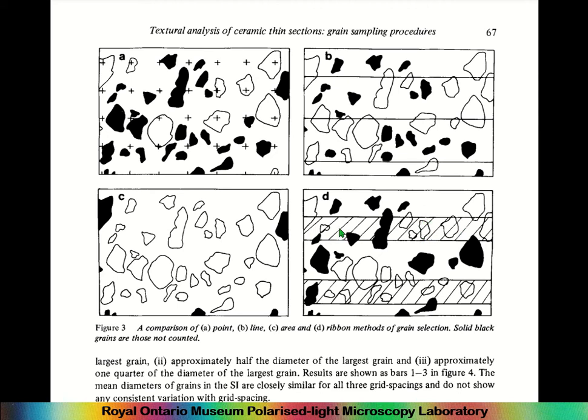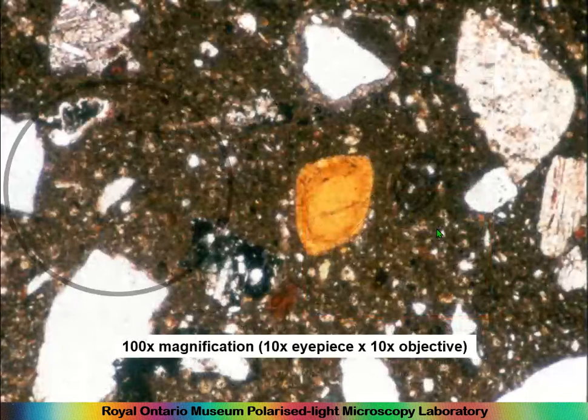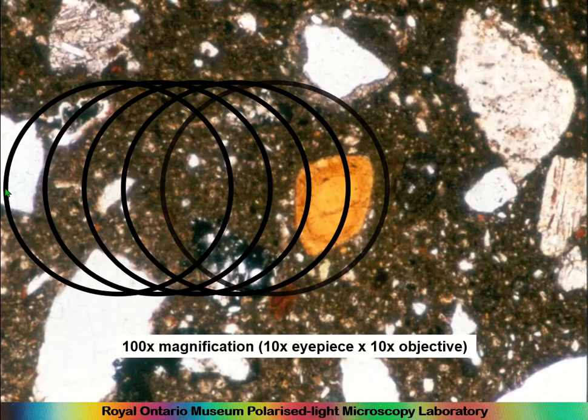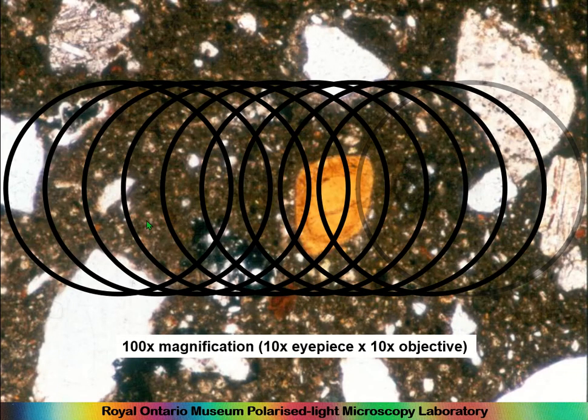And this is largely the technique we're using, but we're doing it by having the area and moving it along. So if this is the thin section and this is the field of view, we basically go along the field of view, all these circles of the field of view, and we measure all the inclusions which are either within the field of view as we go along or go above it. So this one we have to pop out and do it.